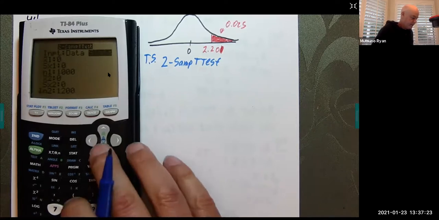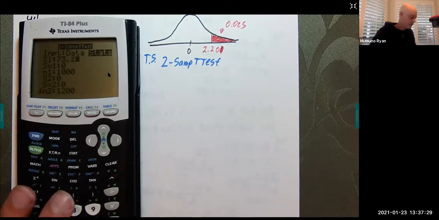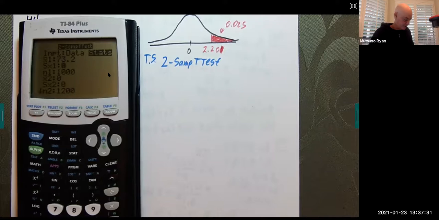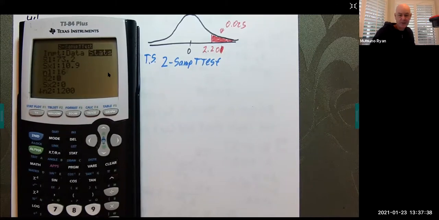And we do not have data, we have to use stats. x bar sub 1 they give us, that's 73.2. s sub 1 is 10.9. n sub 1 is 16. x bar sub 2 is 68.9. Standard deviation 8.2. And n is 12. Now remember, we are not pooling.